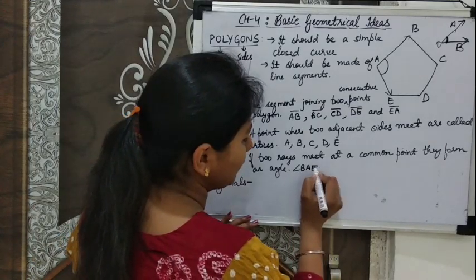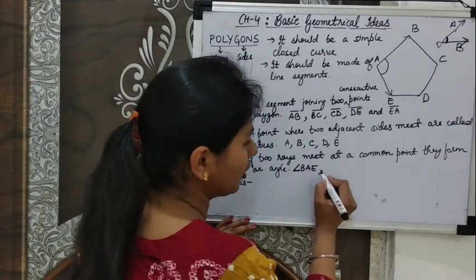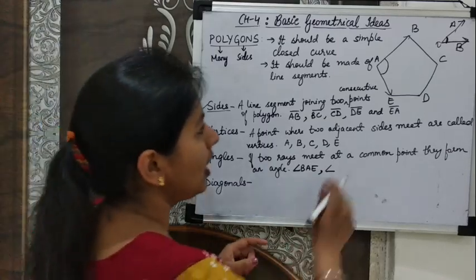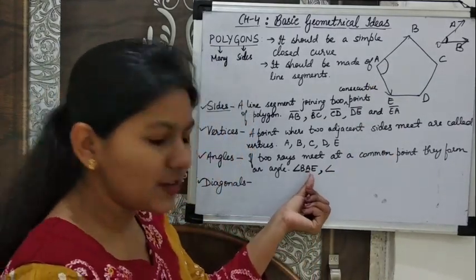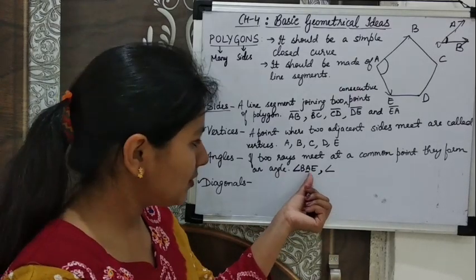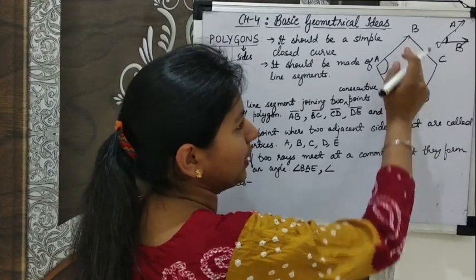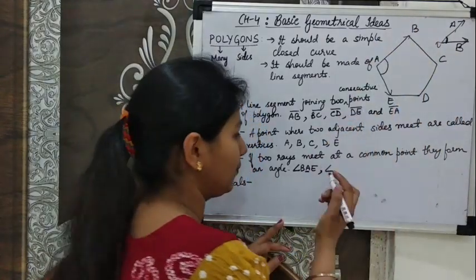This is the symbol for angle, one horizontal line and one slant line. This is particularly about angle A. The letter which is coming in the center means we are talking about that angle. Now if I want to name this angle B, then I can write ABC or CBA.